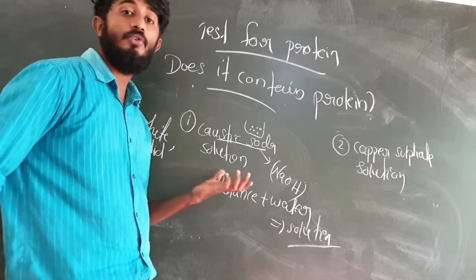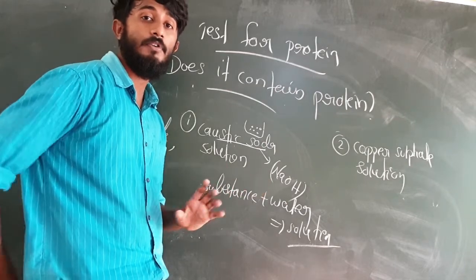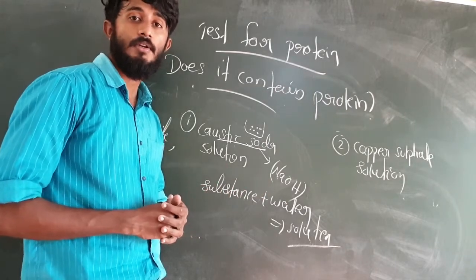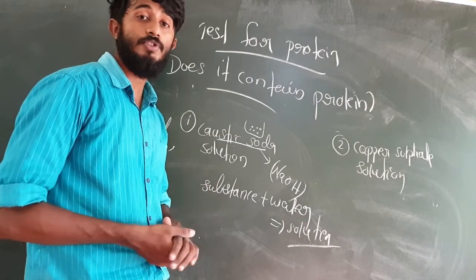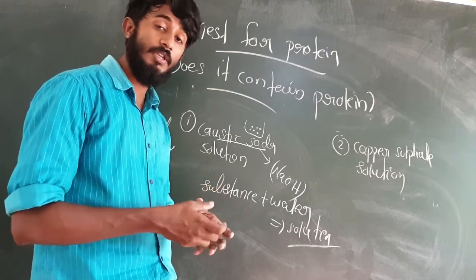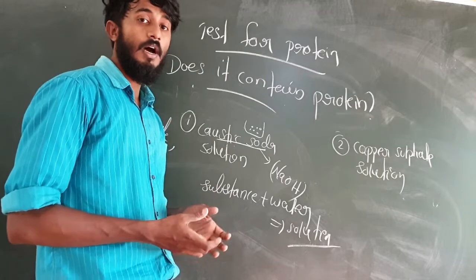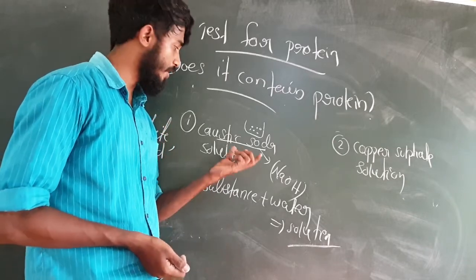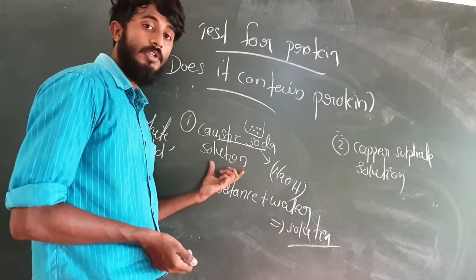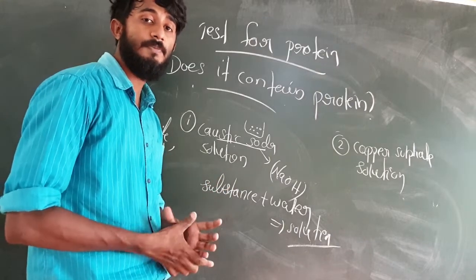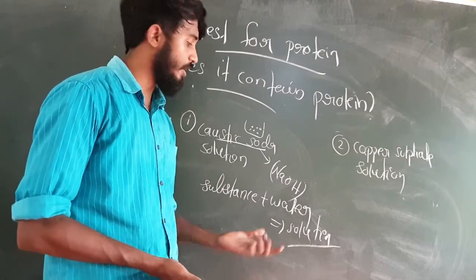So how did we prepare iodine solution? We mixed iodine with water, so we got iodine solution, isn't it? Similarly, for getting a solution, we should mix the substance with water.